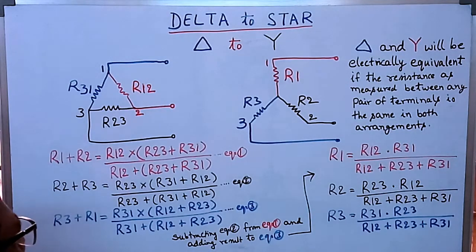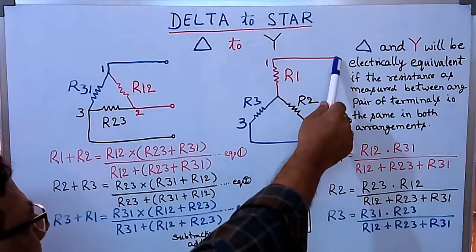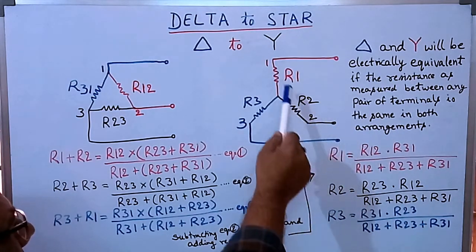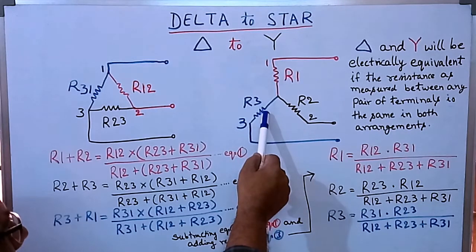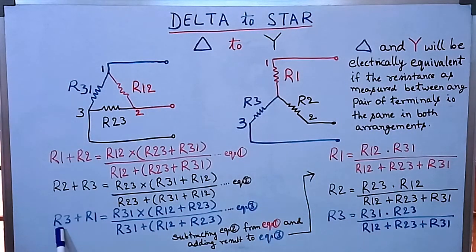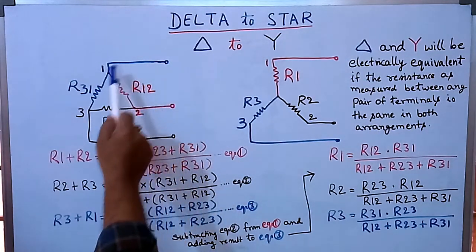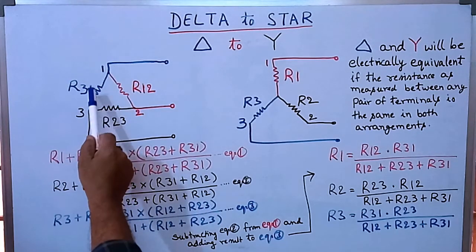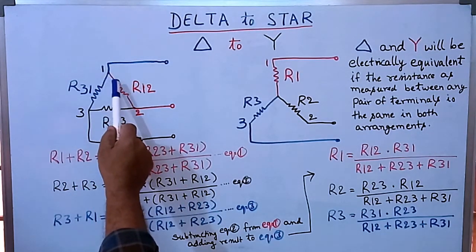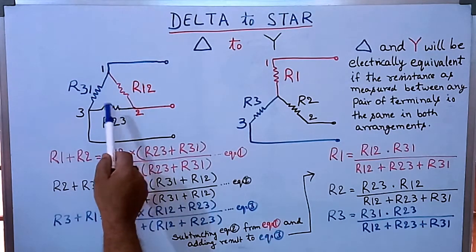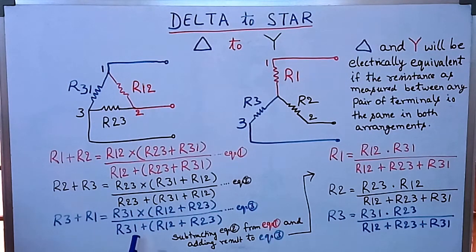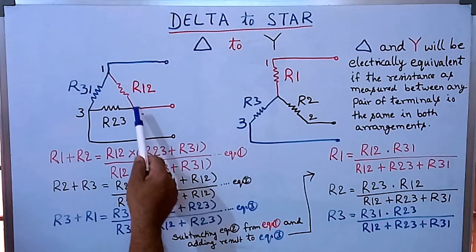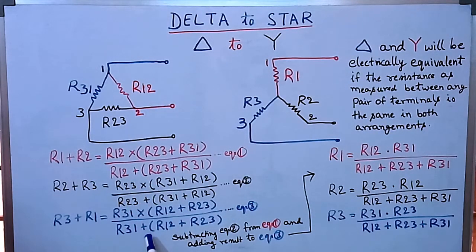Now, considering terminal 1 and 3 in star, again there are two resistances R1 and R3 connected in series. So R3 plus R1 equals, in delta between terminal 1 and 3, again two paths. One is through R31 and the other is through R12 and R23, which are in series. So R3 plus R1 equals R31 into R12 plus R23 by R12 plus R23 plus R31. That is equation number 3.